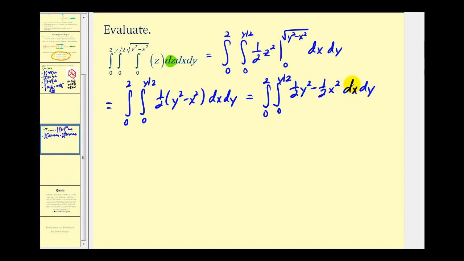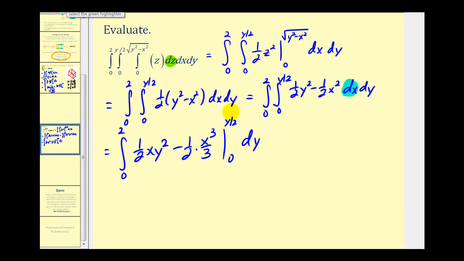Now we'll integrate with respect to x, treating y as a constant. So we're going to have 1/2 x y squared. Here we'll have minus 1/2 times x to the third over 3. It's important to remember that we're replacing x with y over 2 and 0.